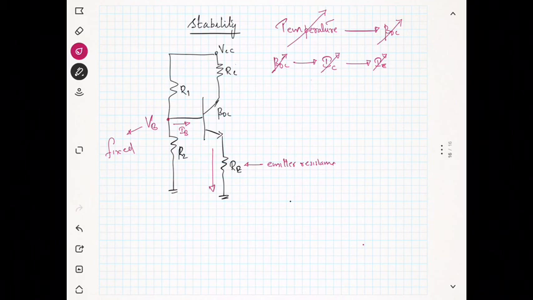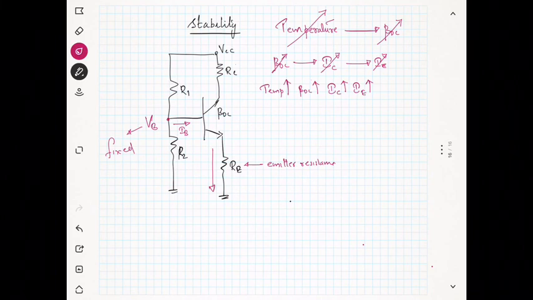Let us assume that we increase the temperature. Then what will happen to beta DC? Usually beta DC also will increase. Because of this increase in beta DC, you know that the IB is fixed, so IC will also be increasing. As IC increases, IE also will increase.